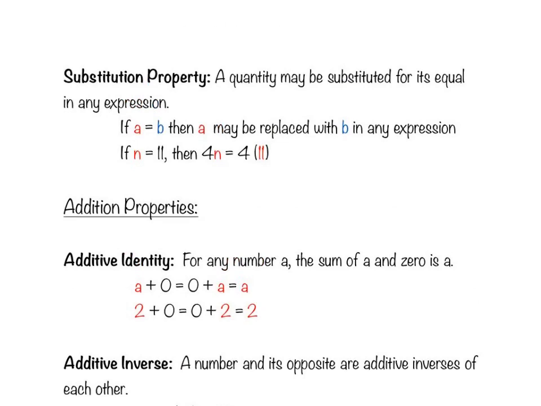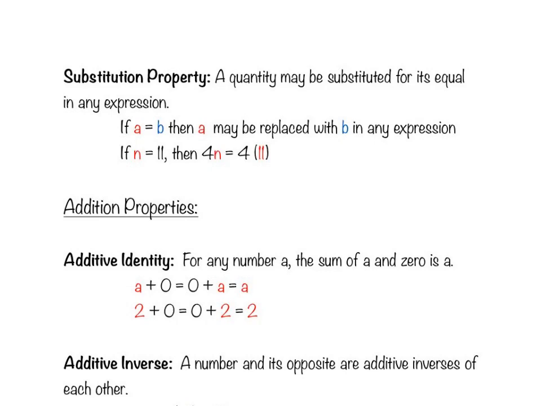Substitution property. Substitution property is the last of the properties of equality that we'll look at today. And here's what it says. It says that a quantity may be substituted for its equal in any expression.